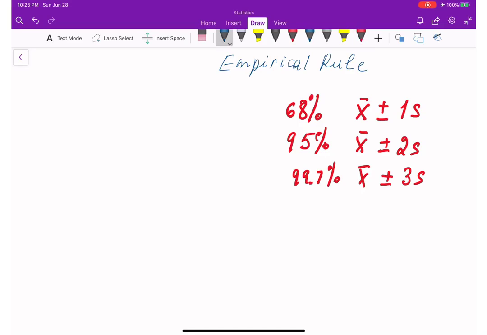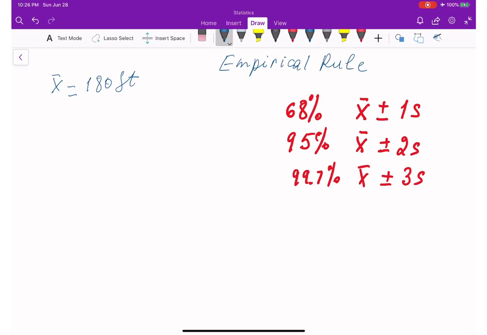So let's solve the problem. After sampling of white pine, it was researched that the average white pine is about 180 feet, plus or minus 10 feet.